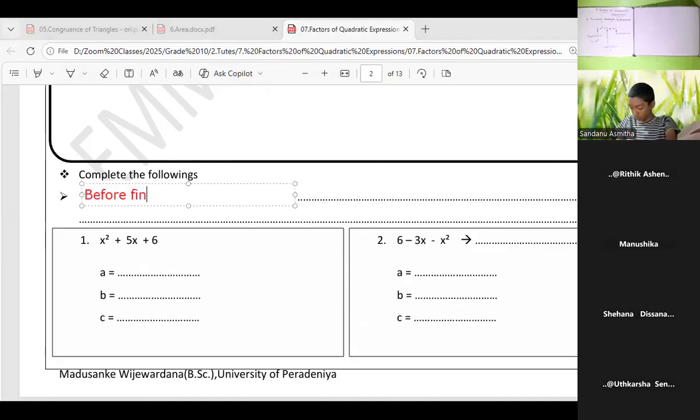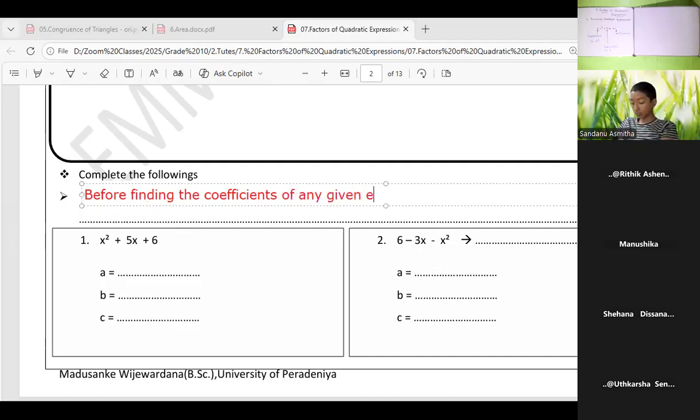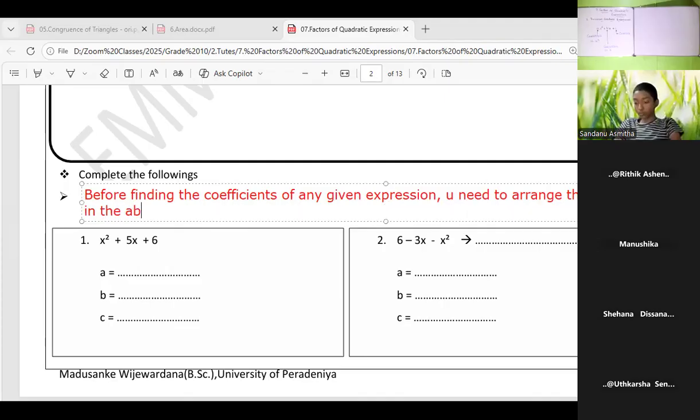Before finding the coefficients of any given expression, you need to arrange those expressions in the above form.